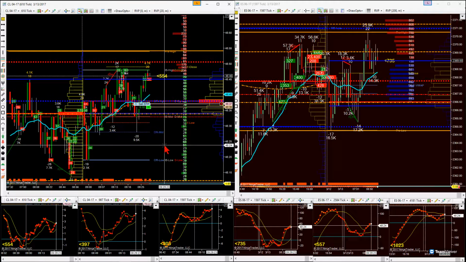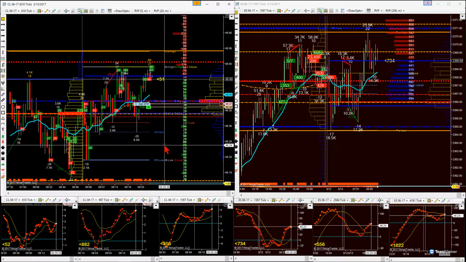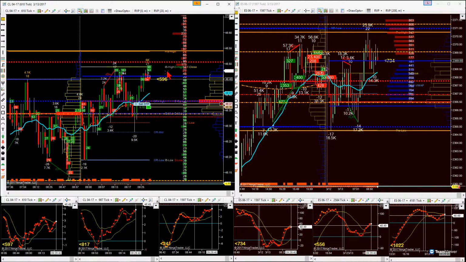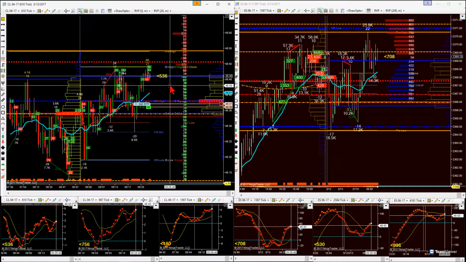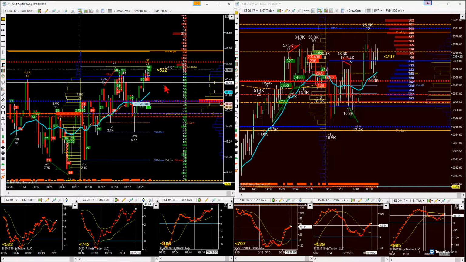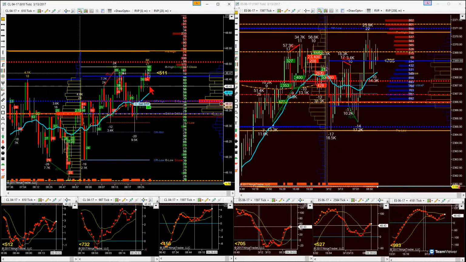We just added contracts there at the high of day. Okay, the big buys coming right into yesterday's VPOC. And bids continue to step up here.